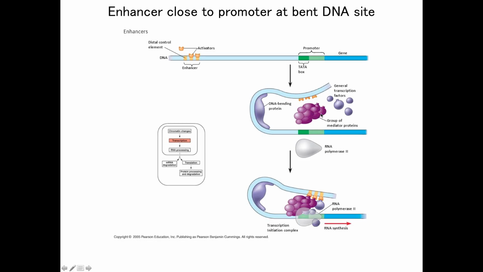So, a group of mediator proteins bind to the enhancer and promote the recruiting of the transcription factor binding to the promoter. And then this complex can start the transcription. It means that this DNA binding protein is very important for transcriptional starting.